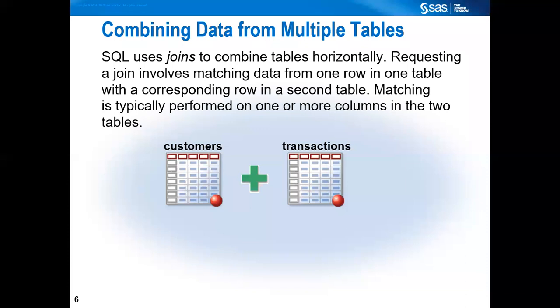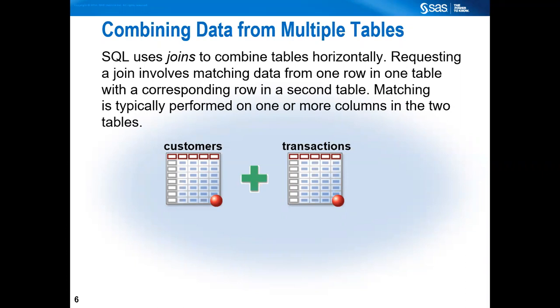When you're combining data from multiple tables in SQL, it will always perform a sideways or horizontal join. That means this table will combine with that table horizontally, row by row. Remember your merge technique?